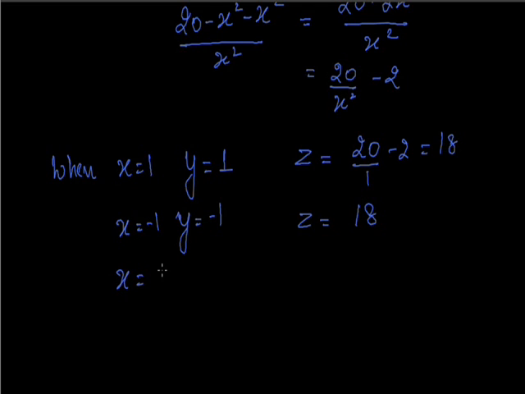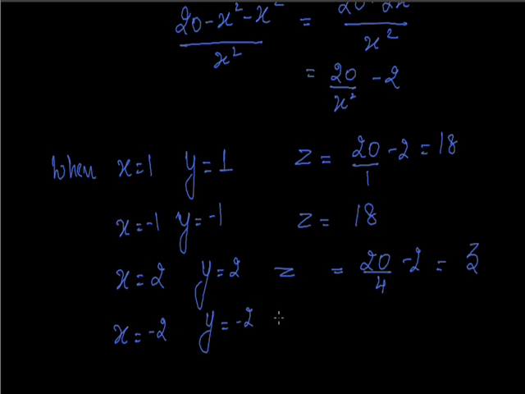When we put x equal to 2, y equal to 2, z will be 20 upon 4 minus 2. What will it give? It will give 3. Similarly, at x equal to minus 2, y is also minus 2, and z will be equal to 3 only. So these are the values, and so on.